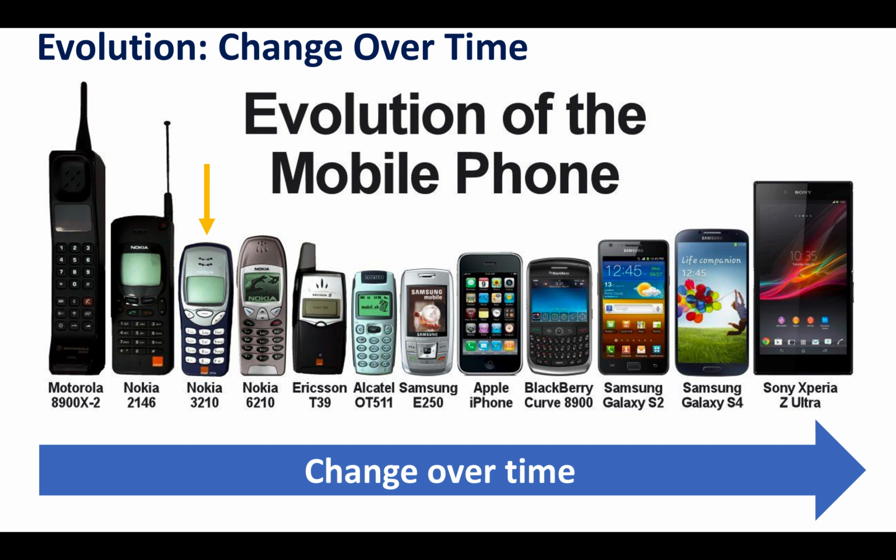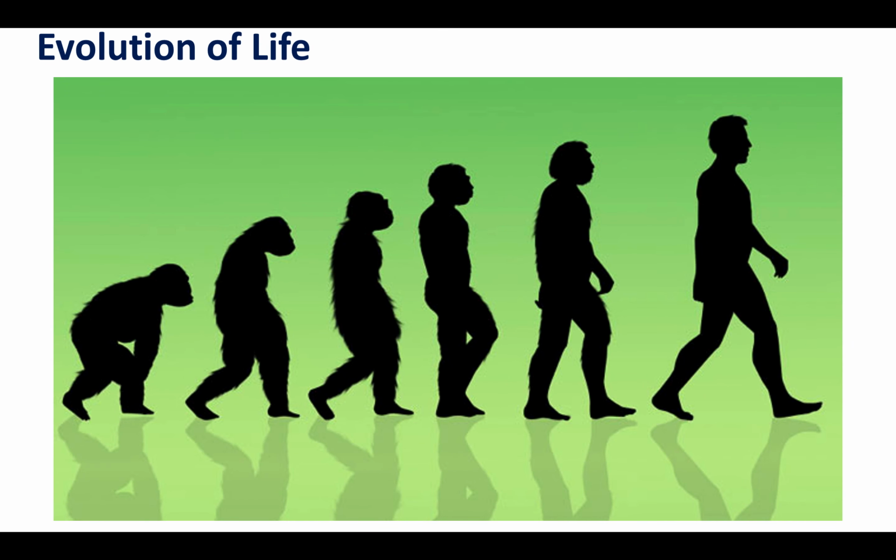But the bottom line is evolution. It shows a change over time and how with cell phones, you keep getting better versions of themselves, because over time the cell phone evolves and it takes ideas from previous phones and brings them into a new model, and so on and so forth. And the same thing happens with life. Here's an example of evolution of life from primates to humans.